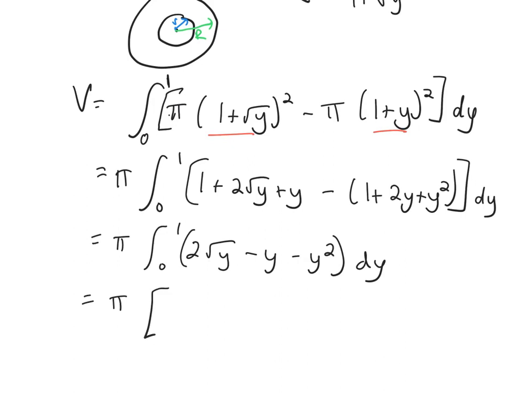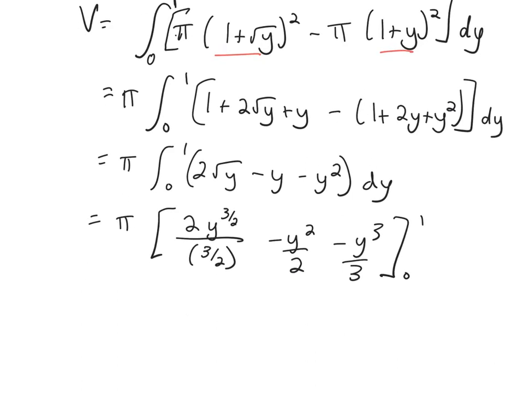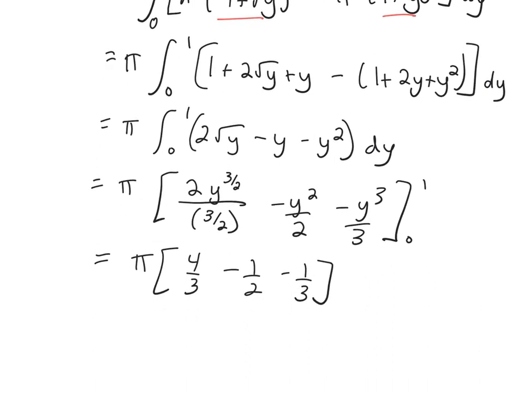Add 1, 3/2 over 3/2, minus y squared over 2 minus y cubed over 3. So it looks like 4/3 minus 1/2 minus 1/3. When I plug in 0, I get 0 everywhere. And if you get a common denominator, you should get pi over 2 for this.